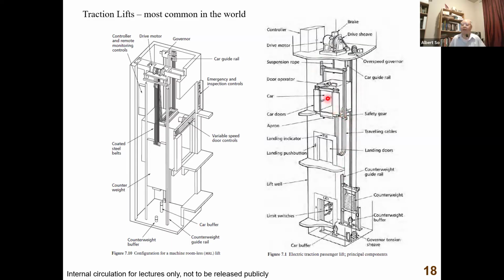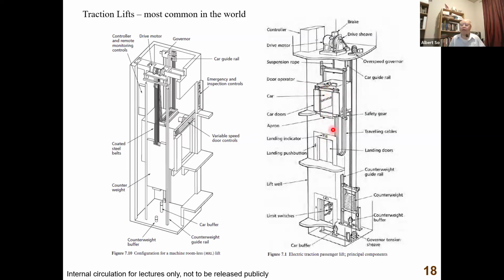The door operator is a motor that takes power from the traveling cables, and it opens the doors where the car is at the landing. If the car is not at the landing, the operator cannot open the car doors. Only when the car is at the landing can the operator open and close the car doors.